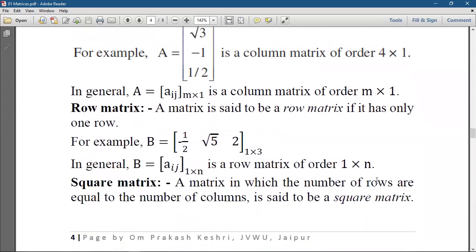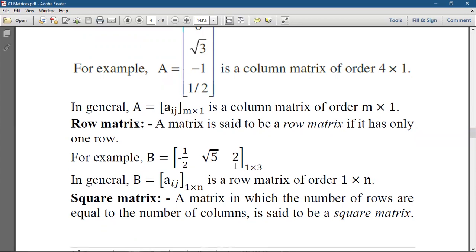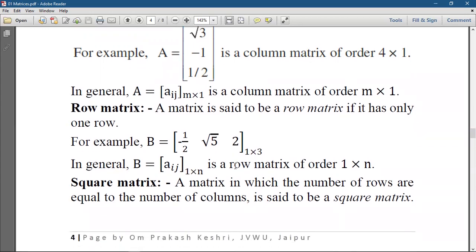And the next one is the row matrix. A matrix is said to be a row matrix if it has only one row. For example, B equals minus 1 by 2, root 5, 2, 1 by 3. That means it has only one row.